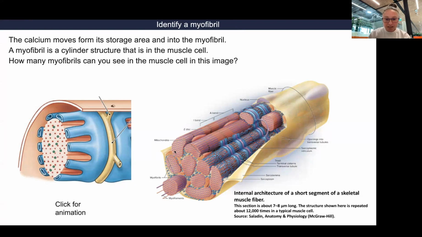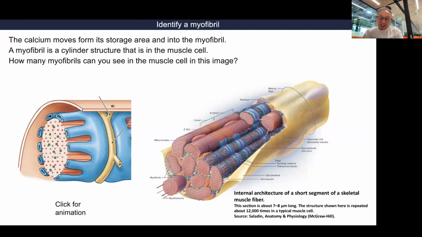We've got 1, 2, 3, 4, 5, 6, 7, 8, 9, 10, and 11. So a myofibril is a little cylinder that lives inside the muscle cell, which is itself a cylinder shape.